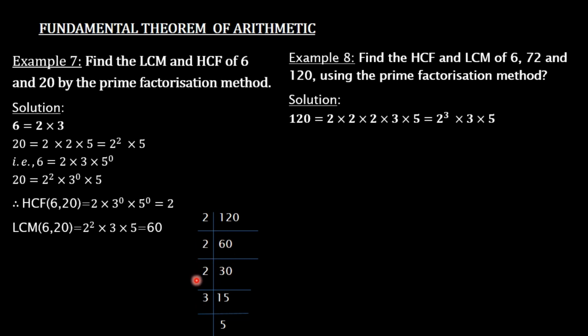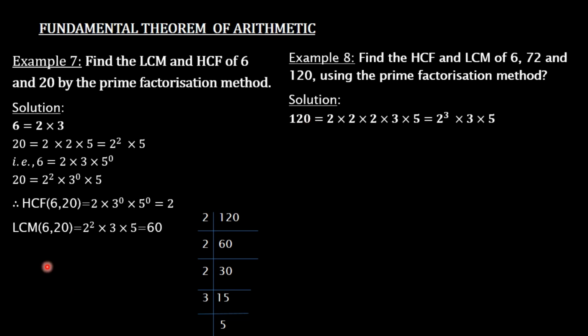Again 2 is divisible into 30, then 30 by 2 we will get 15. 2 is not divisible into 15, so we use the next prime factor 3: 15 by 3 gives 5. Another prime factor, 5 by 5, 1. So by arranging this we get 2 cube into 3 into 5. You can utilize whichever method you like.